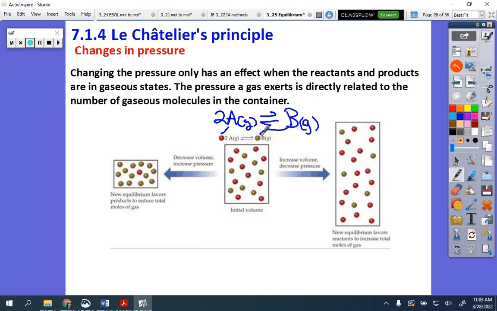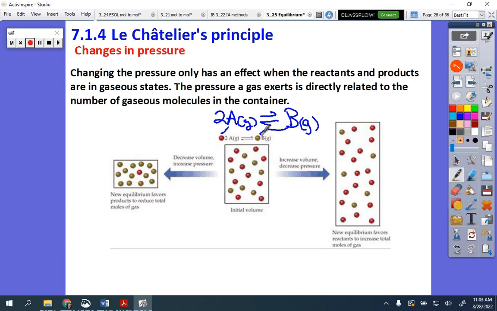And at the beginning of the reaction, we've got twice as much A as we have B. We have 2 moles of A in the reactants and 1 mole of B in the products.